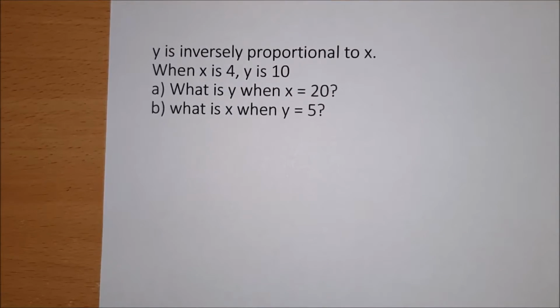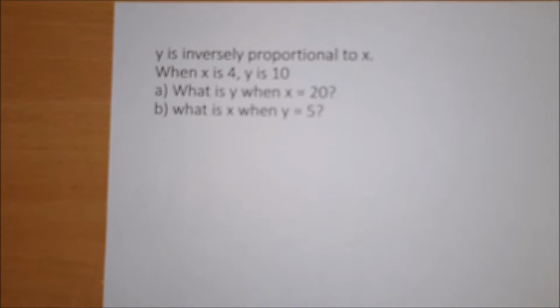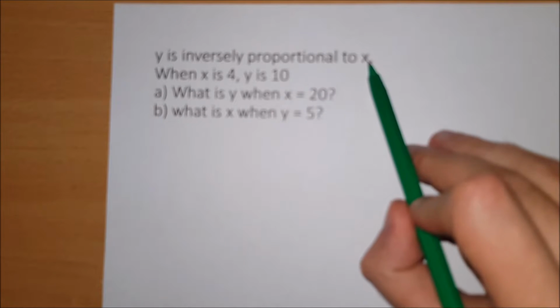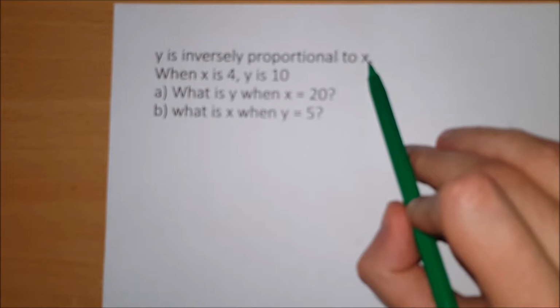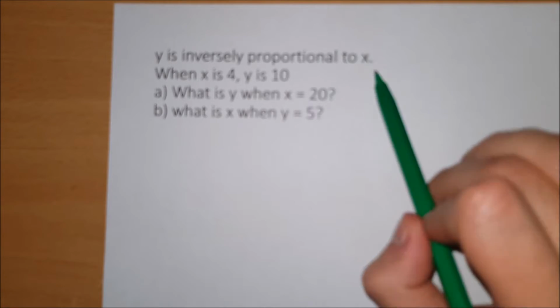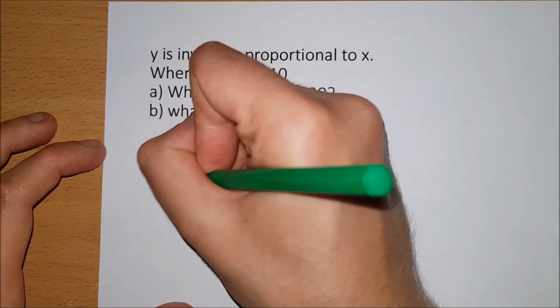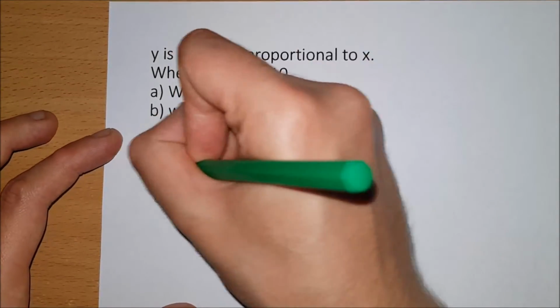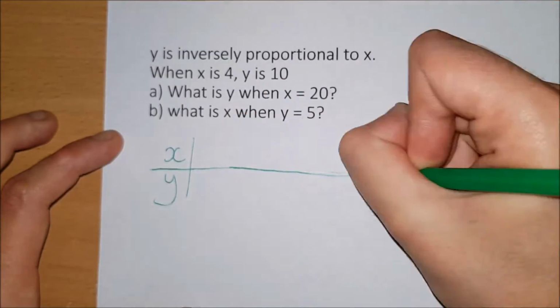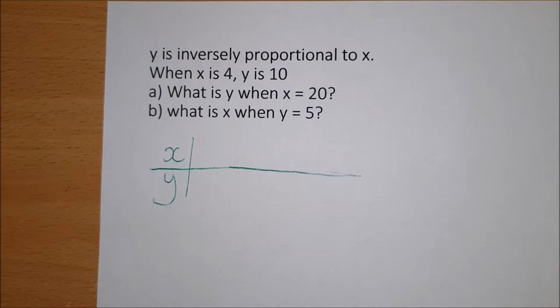So the question could look like this. The first bit is the information. Y is inversely proportional to x. When x is 4, y is 10. And that's the bit that we can use to find the link. Just like in the last video, whichever is on the right, so it said y is inversely proportional to x, this one on the right we put at the top. It's less important in inverse proportion because when you're timesing things together, it doesn't matter which order you times them in.